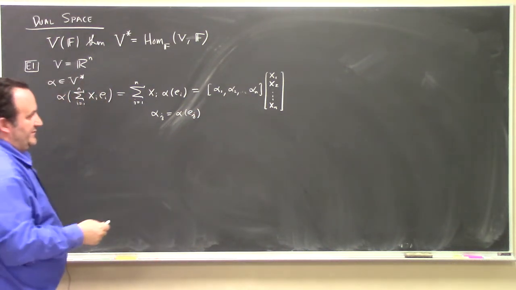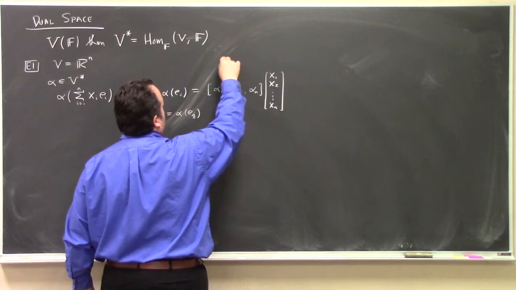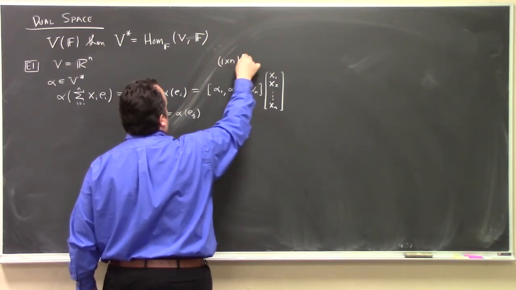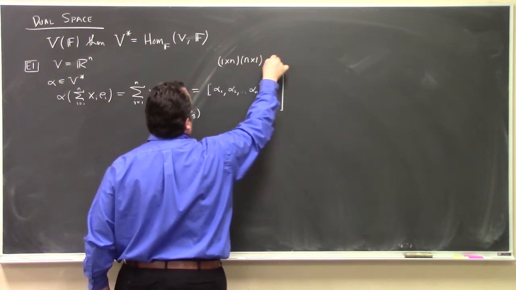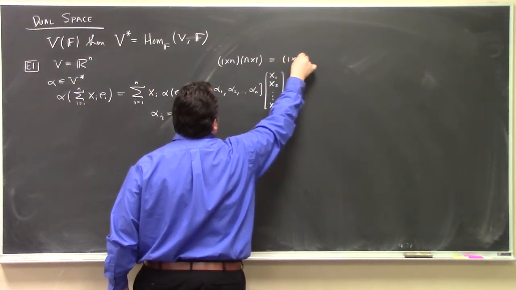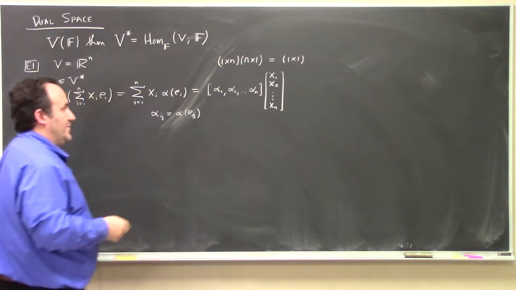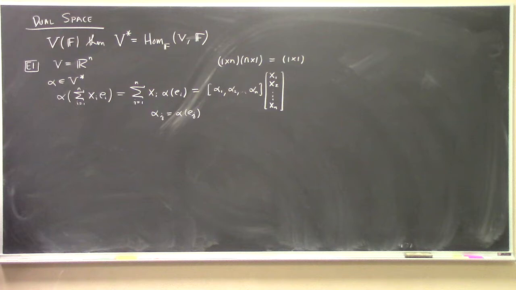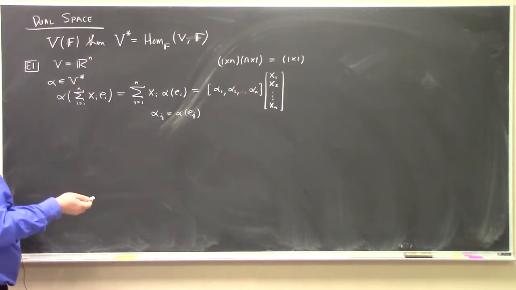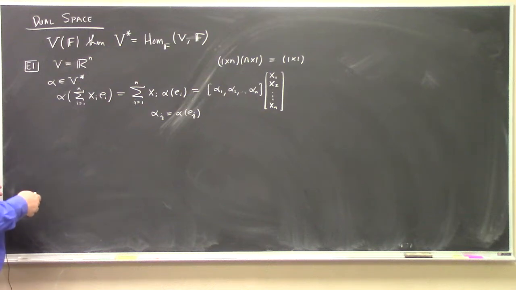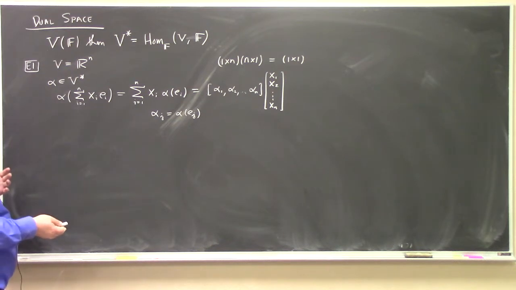So what's the matrix multiplication going on here? We've got 1 by n times n by 1, which is 1 by 1. So that's really a dot product. From this we get the statement you'll often hear, that for Rn column vectors, the dual space is row vectors, which is not strictly true.